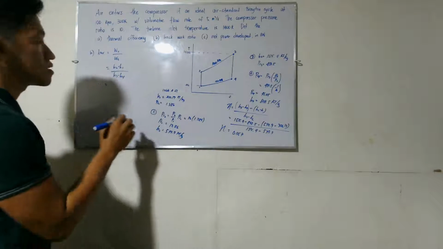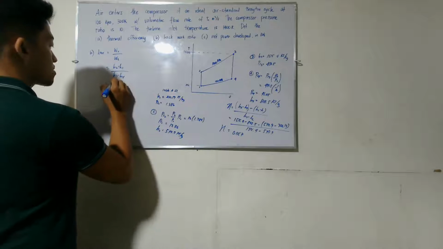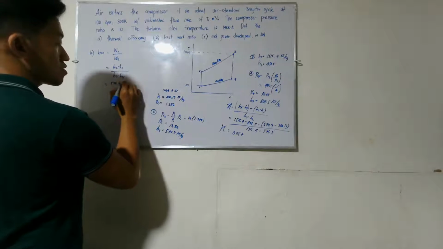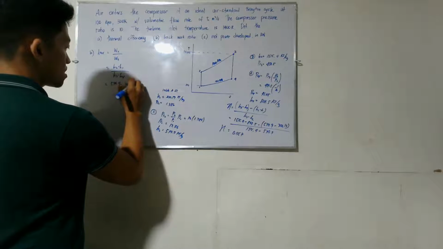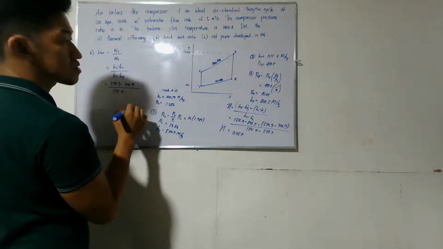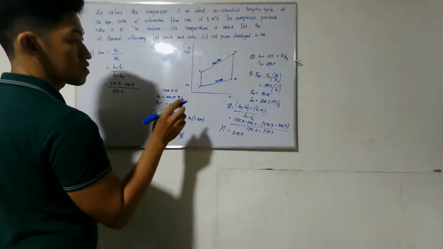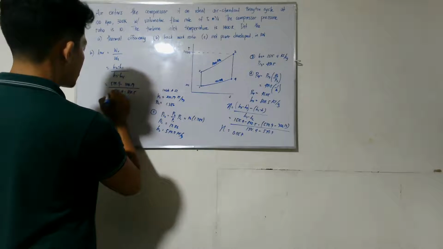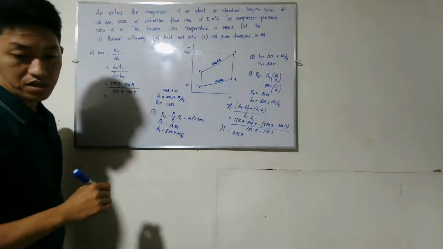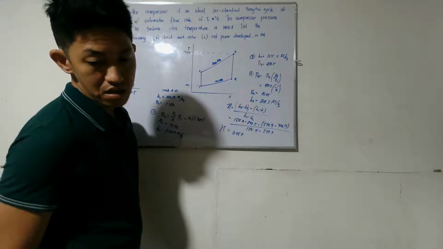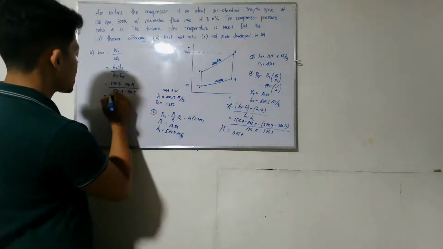So how much is this one? 579.9 minus 300.19 over 1515.4 minus H4 at 808.5. So the back work ratio is 0.396.